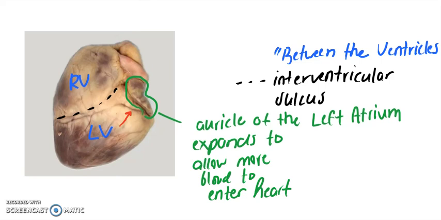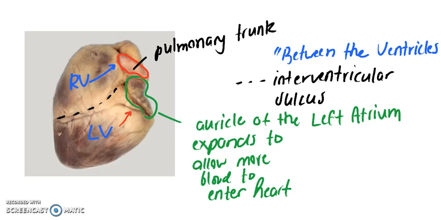Okay, so now from the right ventricle, I'm going to follow up to the right, and I can see this tube exiting from the right ventricle. If you go back to your notes, the tube exiting from the right ventricle is the pulmonary trunk. And we know this is going to bring blood to the lungs for oxygenation.